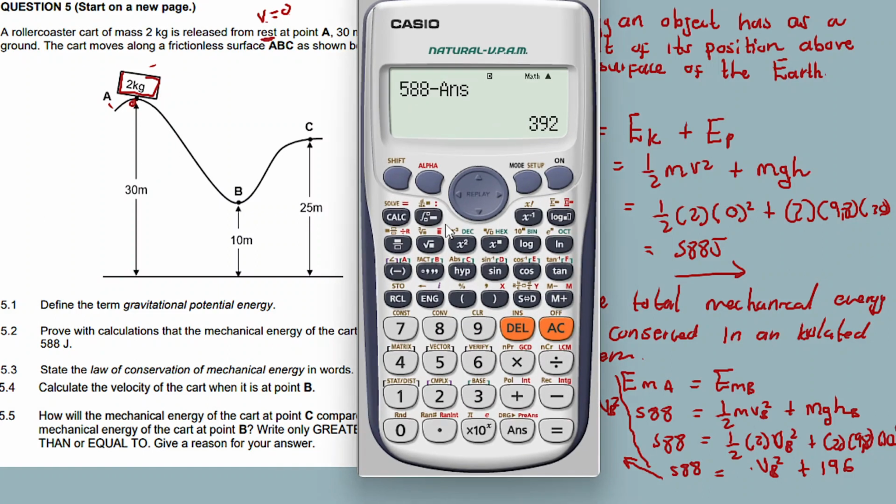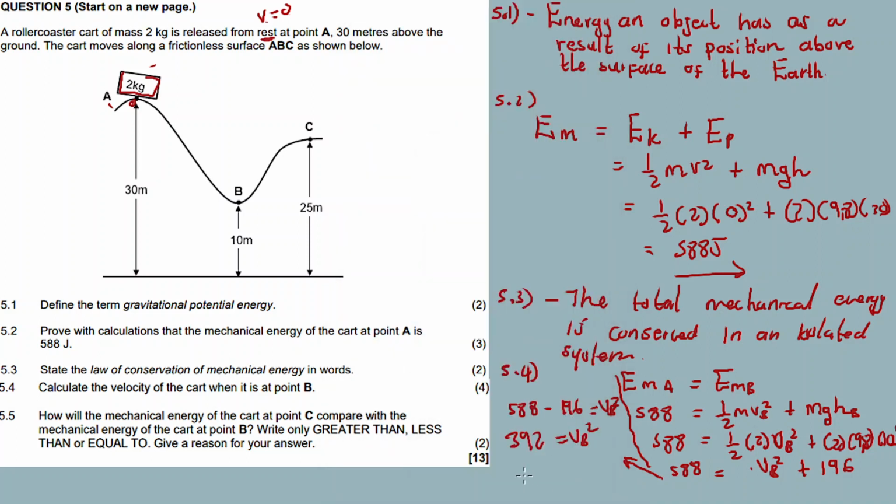Then we take the square root on both sides, which gives 19.80. So our velocity is 19.80 meters per second.